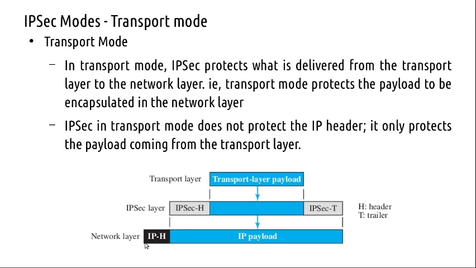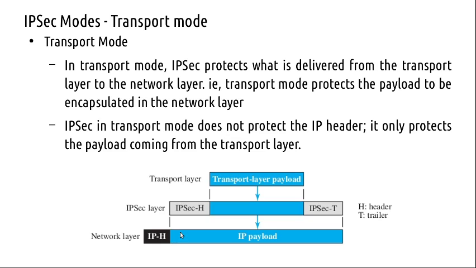The network layer has the usual default IP header. The IPsec layer is going to add a header and a trailer to this transport layer segment, and that forms the payload of the packet formed in the IP layer. So it protects only the payload, it doesn't protect the IP header.